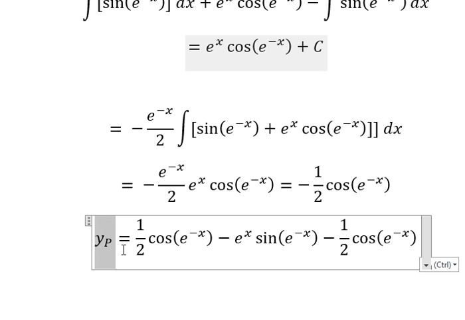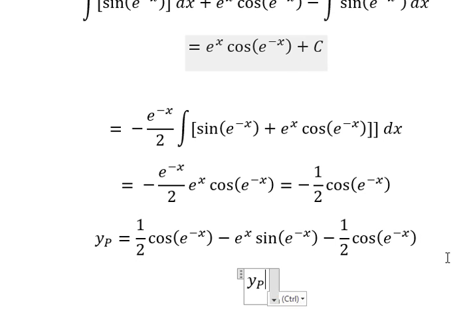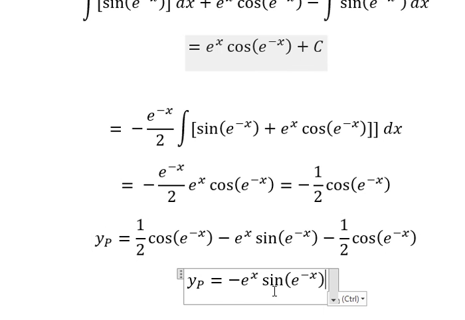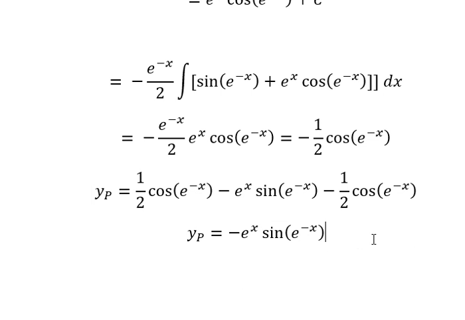So if we simplify, we just have only this one. And now we have the final answer.